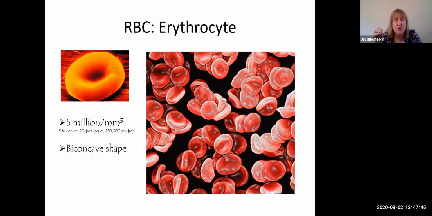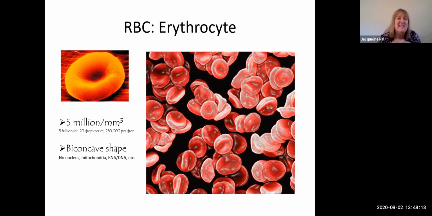So think about that for a second. Are there other organelles that this cell would not need if it's not going to undergo mitosis? Well, yeah, there's quite a few. So there's no nucleus, there's no mitochondria, there's no RNA, there's no DNA, there's no centrioles, there's no centrosome. So as you can see, the list is quite long.